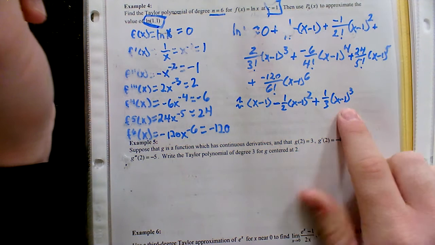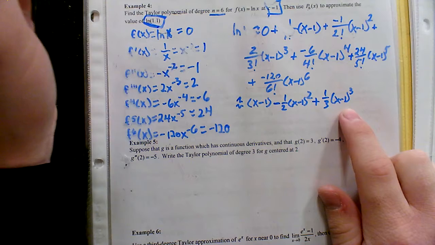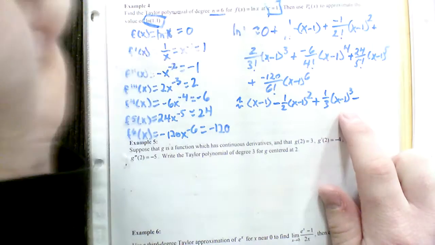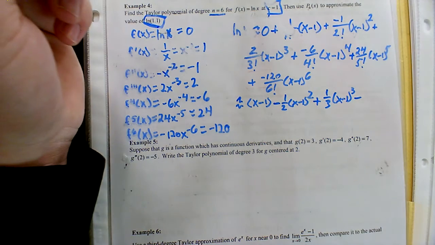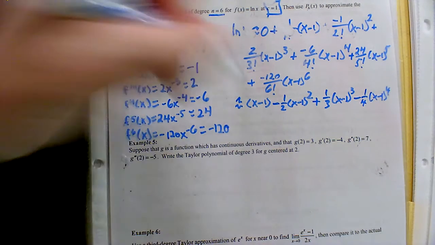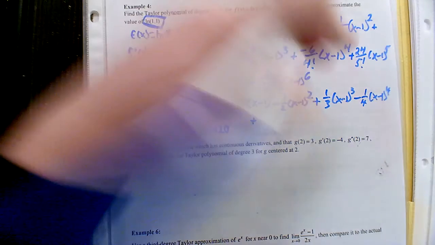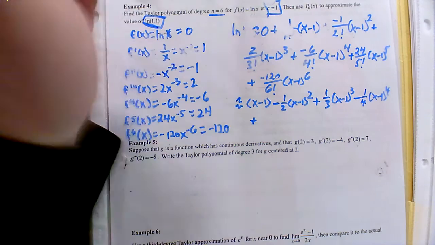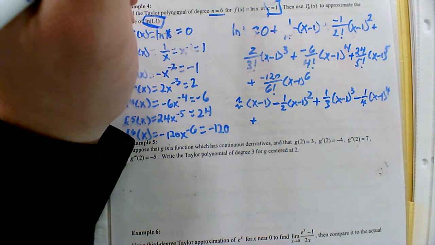Okay. The next one then, so we need to have minus the negative 6 over 4 factorial. What does that reduce to? Minus 1/4, x minus 1 to the 4th. Then we're going to have a plus. We need to deal with the 5 factorial there. What does that reduce to?